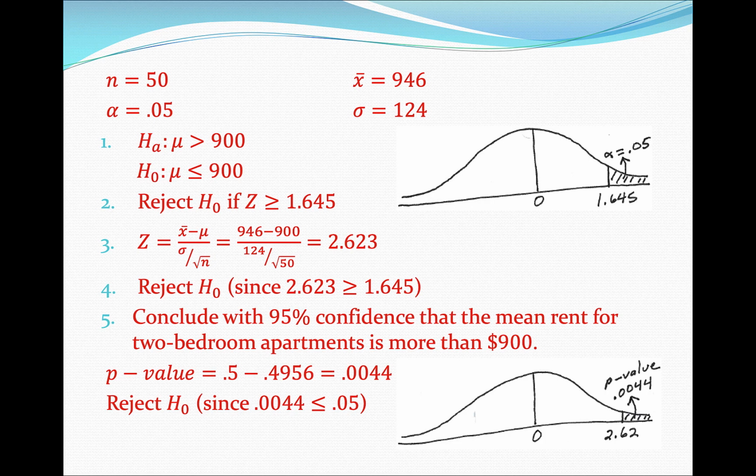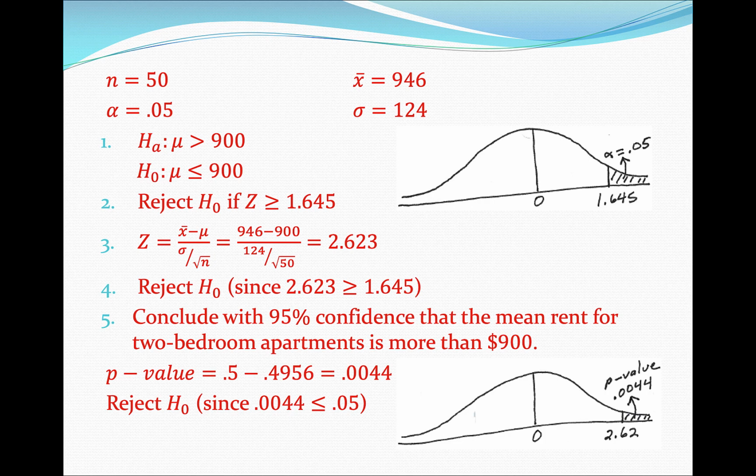Notice that if 2.62 is in that rejection region, then the area, or the p-value, has to be smaller than alpha. So saying we reject H0 if the p-value is less than or equal to alpha is the same as saying the test statistic is within the rejection region. It's just a matter of whether I'm comparing the area or the z-values, but you're doing the same thing.